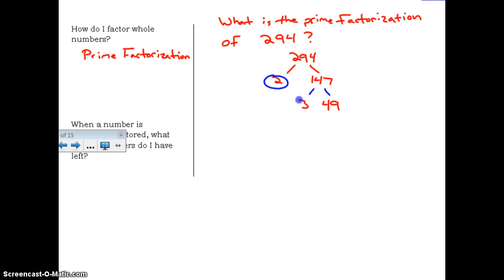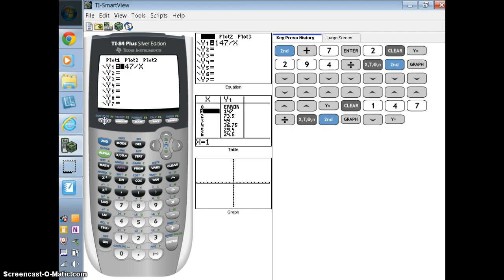So let's use 3 and 49. Okay, well this 3 is prime also, so I'm going to circle that. And then 49 is not prime. If you're not sure, just use y equals to find out what the factors of 49 are. So clear that out and put 49 over x.